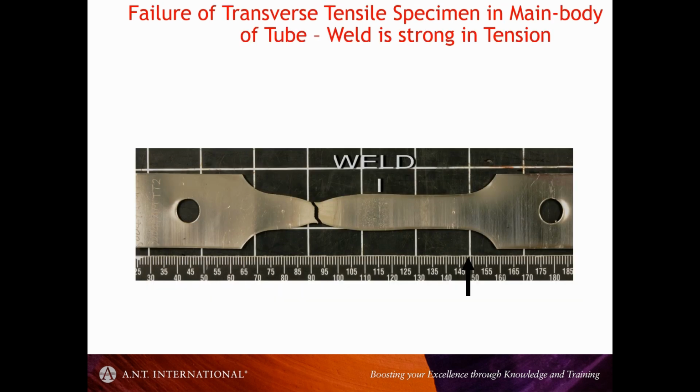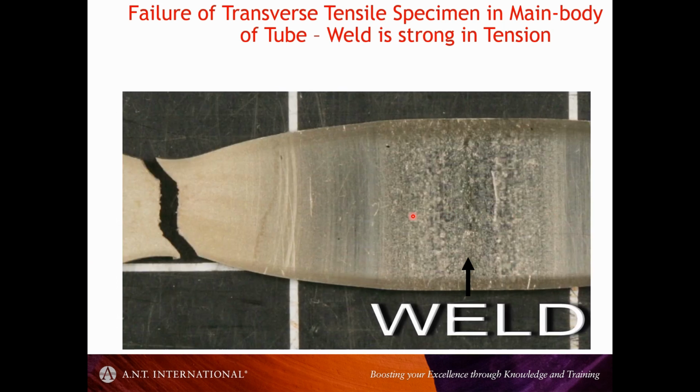Now, for the same material, if one looks in the main body of the tube and takes a tensile specimen just to check on the properties, the interesting thing is that it fails in the main body, not in the weld. So in the one instance, for a biaxial stress condition, the failure happens in the weld. For a uniaxial stress condition, the failure happens in the main body.